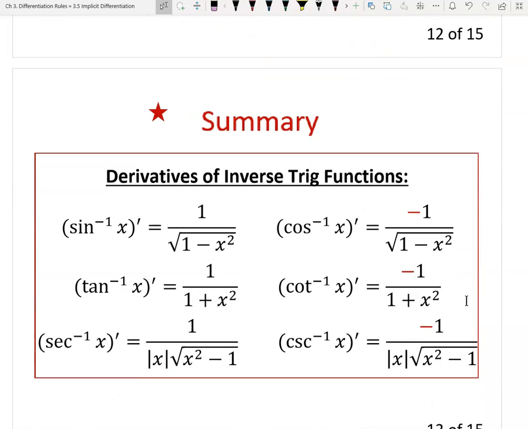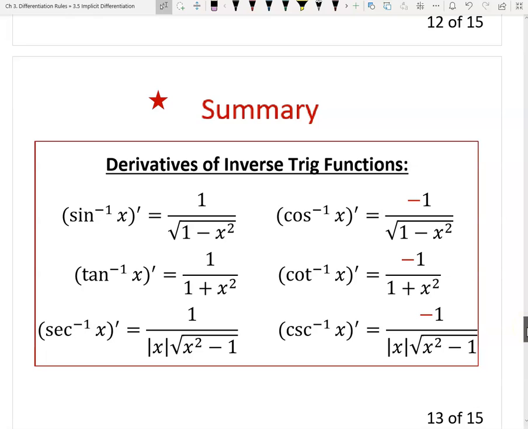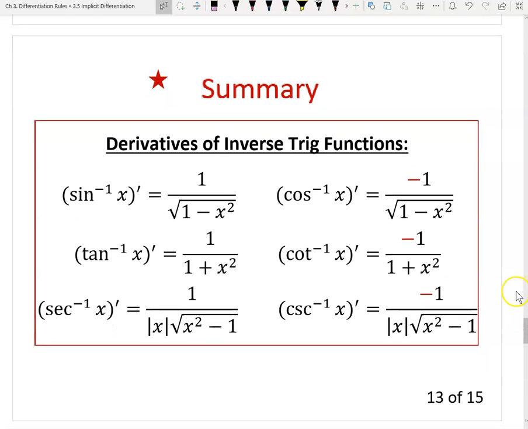Let me summarize, and I hope you memorize all these formulas. In the future it will benefit you much. I listed on the left the basic 3 types: inverse sine, inverse tangent, inverse secant.